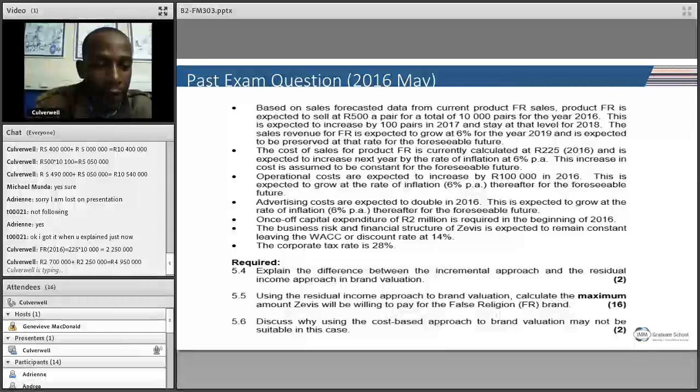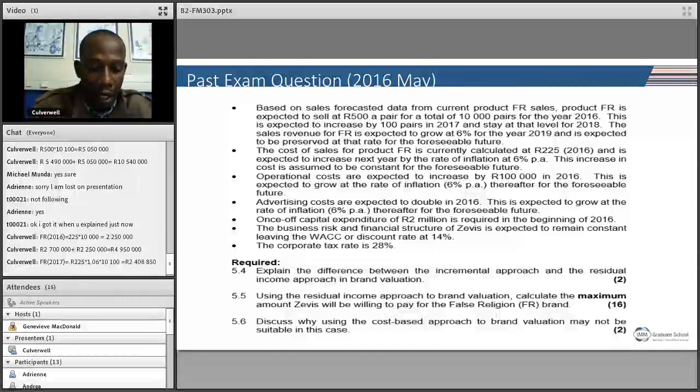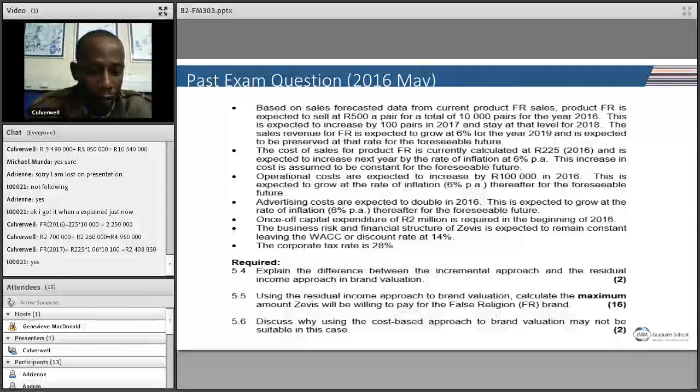You're now going to say my 225 is going to increase by 6%. So I'm going to say 225 multiplied by 1,06 multiplied by the number of units that we're anticipating to sell in 2017, which are 10,100. This is going to give us our cost of sales for year 2017 for FR, 225 times 1,06 times 10,100.